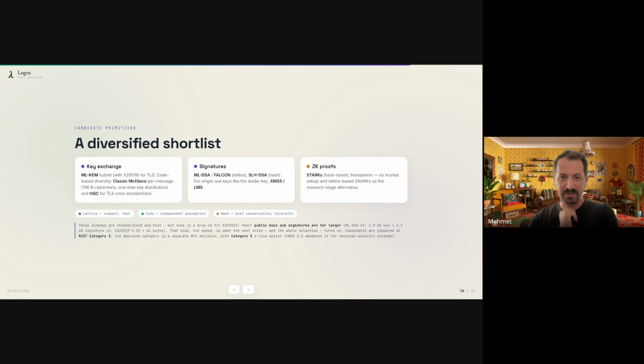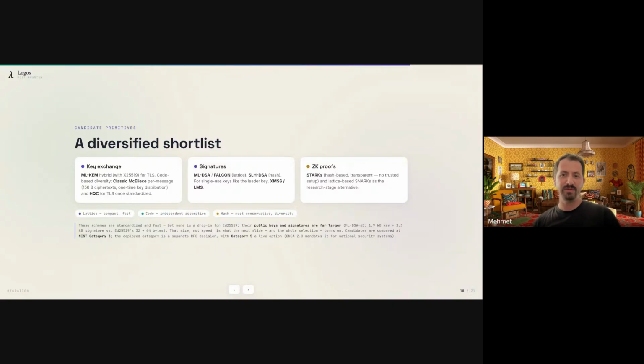And for signatures, we have the Dilithium, ML-DSA algorithm and the Falcon algorithm. These are the lattice-based algorithms. And there are some hash-based signatures, these are SPHINCS and the XMSS algorithms. Also, these are candidates for us.